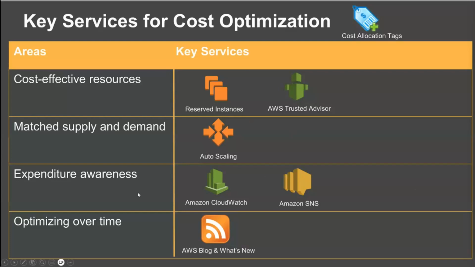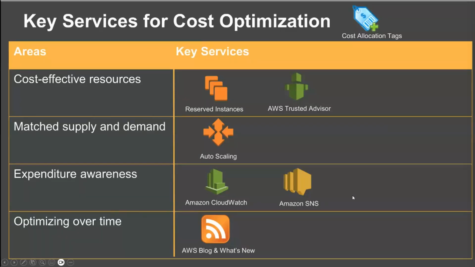And then for expenditure awareness, we have Amazon CloudWatch. It will monitor your environment and give you insights through SNS. SNS is just a notification service that can get triggered in case of any threshold being exceeded.